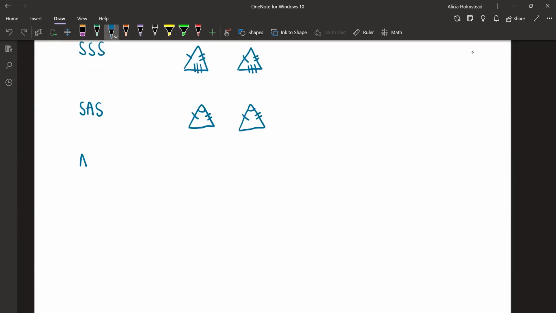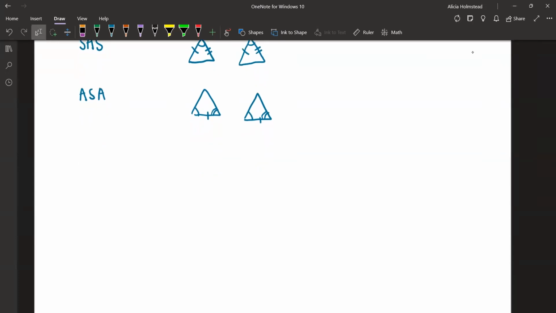The next one is angle side angle. So again, given two triangles, and if we knew that this side, this angle and this angle, this side and this side, and this angle and this angle were congruent, we could conclude that those triangles were congruent. And again, make sure that you just go in the proper order. I usually go counterclockwise, I guess. So this is angle side angle congruency.